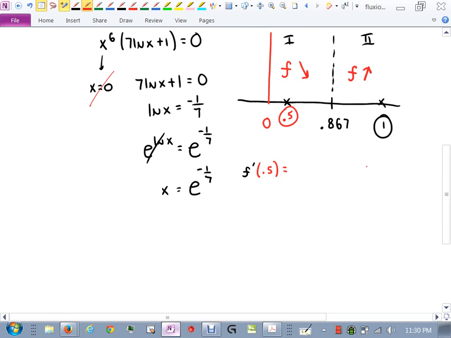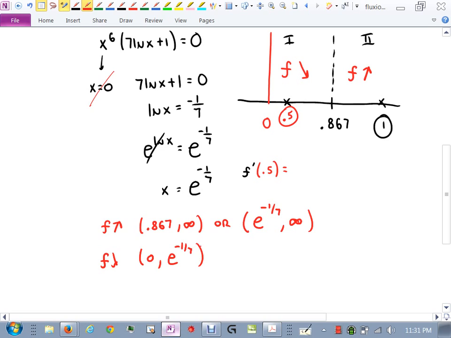So I can kind of summarize things here. F is increasing on the interval 0.867 to infinity. Now, you could have written, remember where 0.867 came from, e to the negative 1/7, infinity. It's decreasing on the interval 0 to e to the negative 1/7.